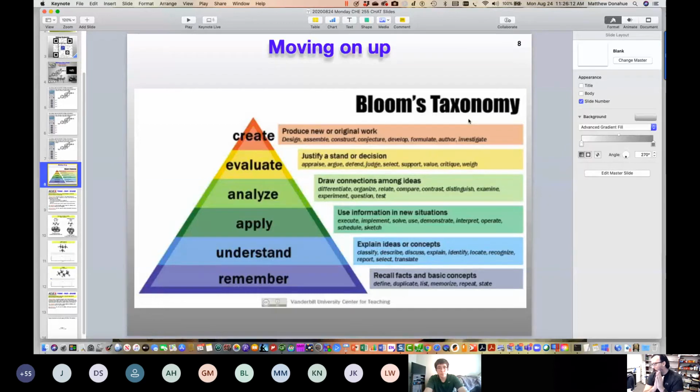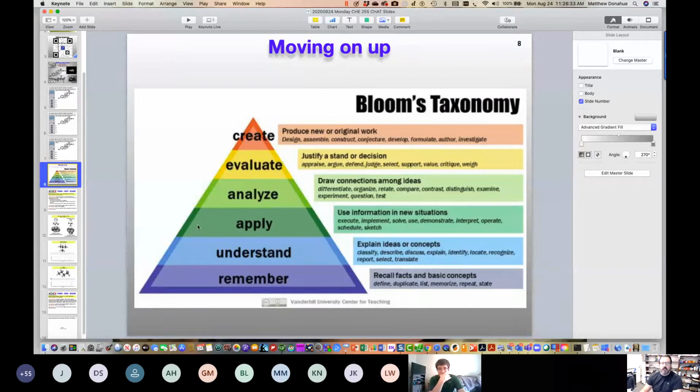I'm seeing more no's than yeses. So I want to briefly explain what this is and how it relates to this term learning outcomes that I'm using quite a bit in the pre-recorded lectures.